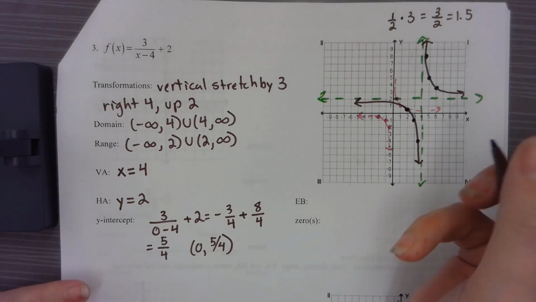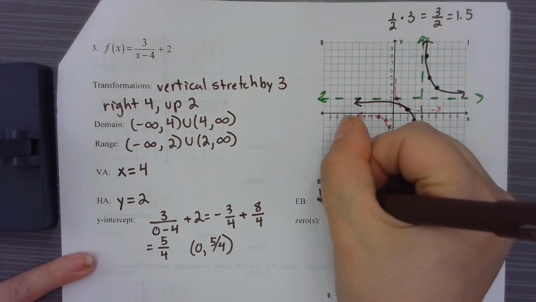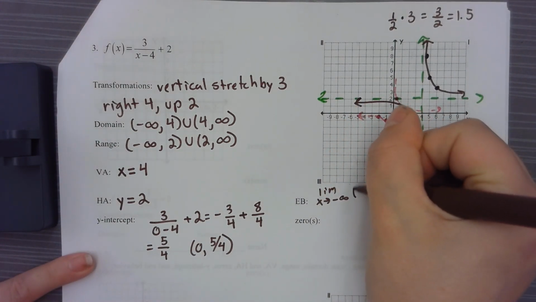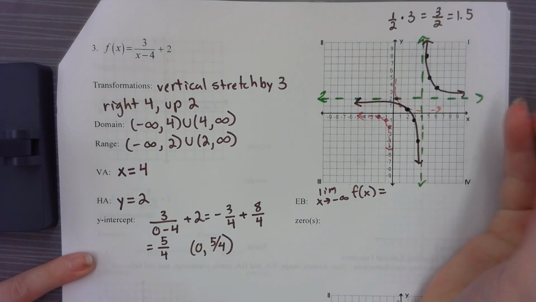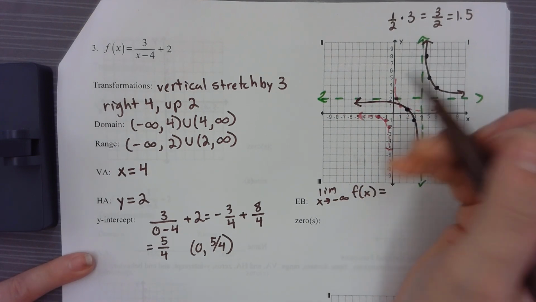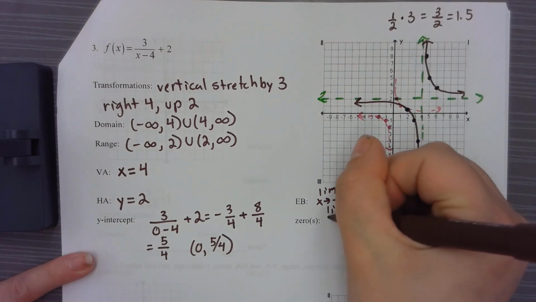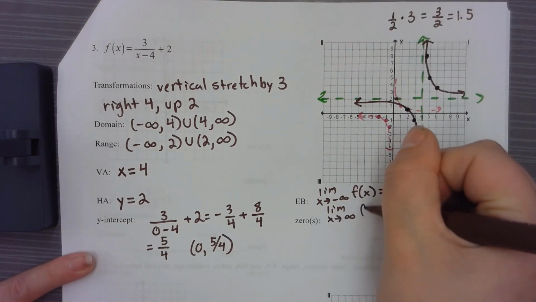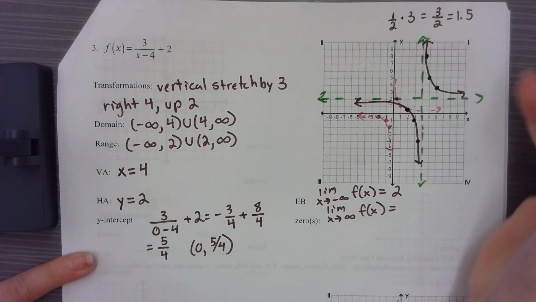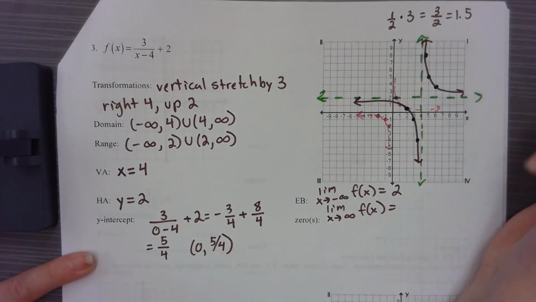Okay. So again, our end behavior, the limit as x goes to negative infinity, as we go to the left, we are approaching that asymptote of 2. And then as we go to the right, our graph is still approaching that asymptote of 2, just from the top or from the bottom.